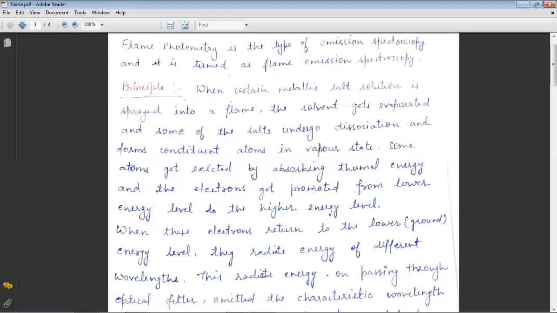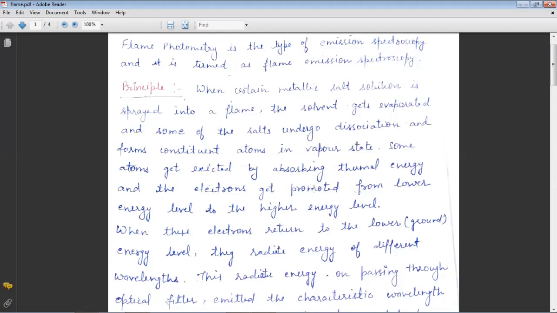The atom is then excited by the flame and its electron temporarily moves to a higher energy state, and when the electron returns to the ground state, it loses the excitation energy and a discrete wavelength of visible light is emitted. The emitted light can be isolated from other wavelengths by an optical filter.